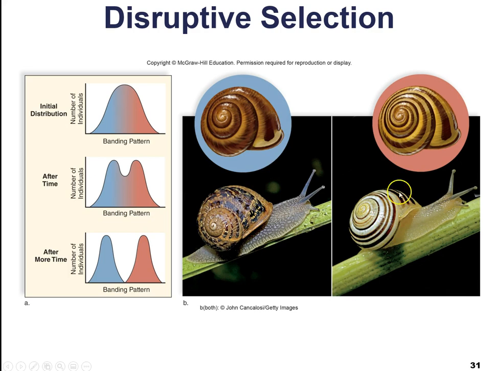Here, if you live in the area that this one looks like, you're going to be more fit to survive if you have this pattern and this coloring on your shell. And you can see it started off as this initial distribution like this, but over time you see these two peaks that form.